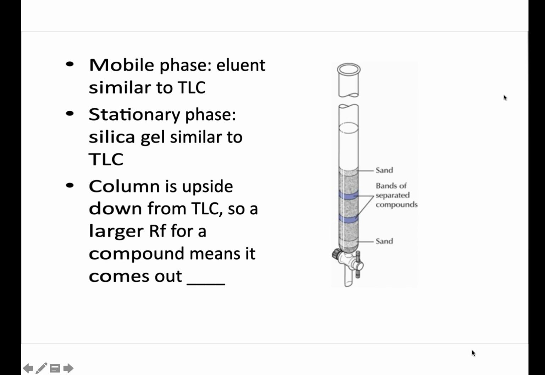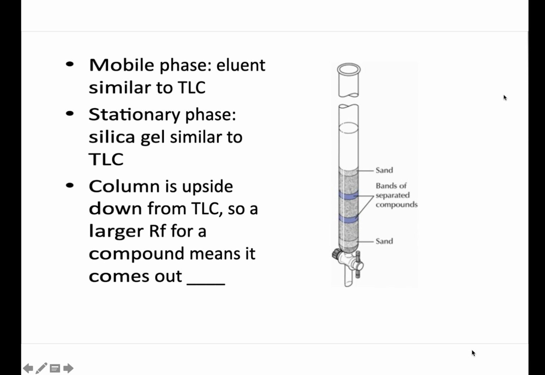Think about it. Let me revise a little bit about retention factor. Retention factor, by definition, is the distance traveled by the spot or the component divided by the distance traveled by the solvent or mobile phase.